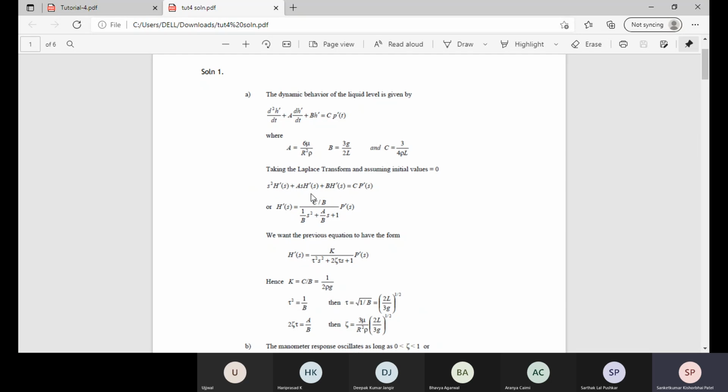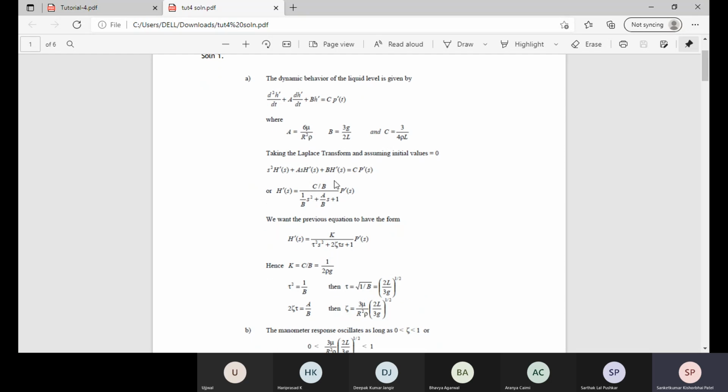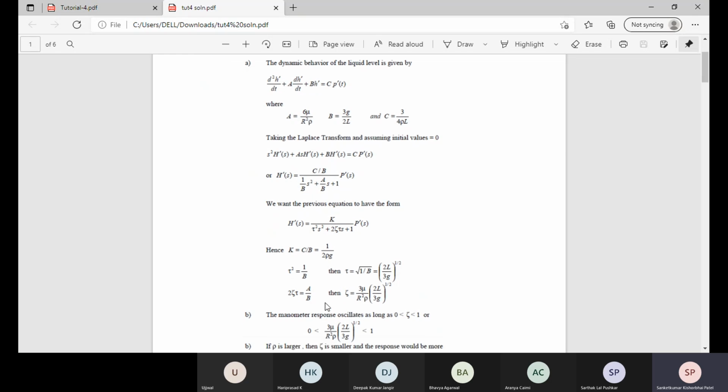And for H(s), we obtain this, and on comparing with the standard form, C by B is K. C by B will give us 1 by 2 rho g. Tau is obtained in a similar manner, tau squared s squared, so 1 by B will give us tau, and on comparing 2 tau zeta s will give us zeta, which is equal to A by B.